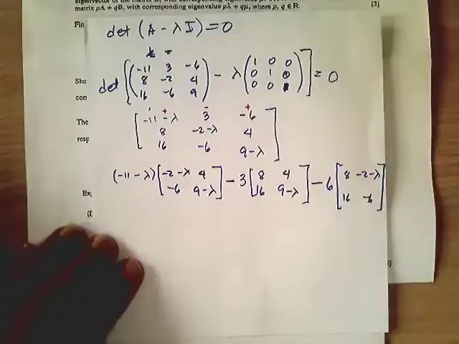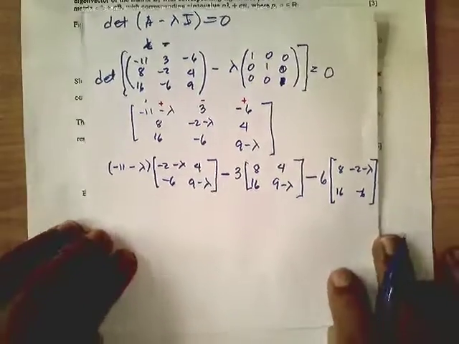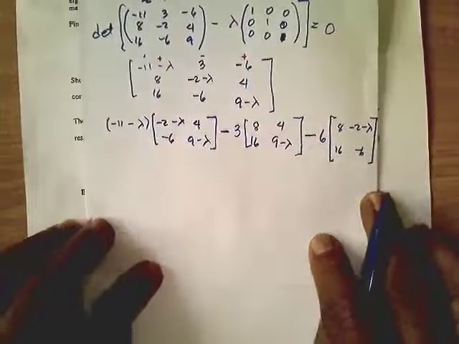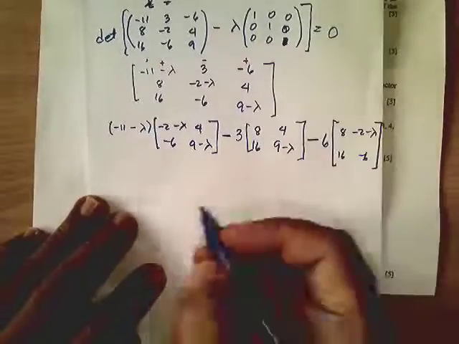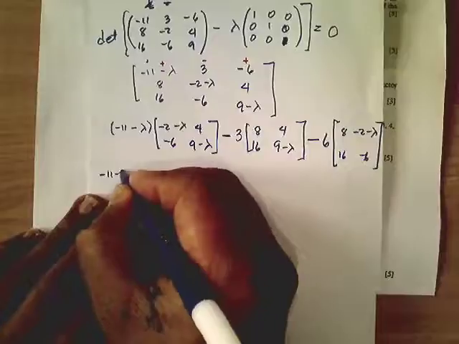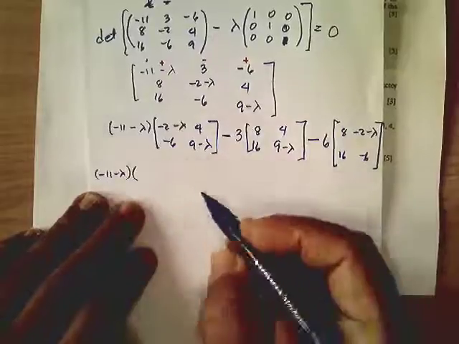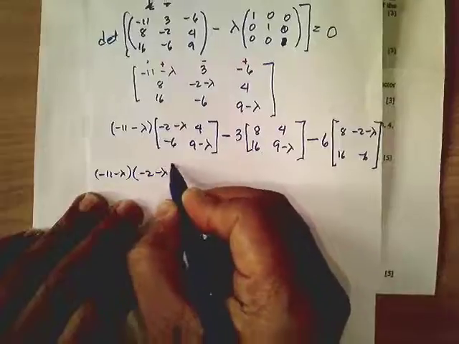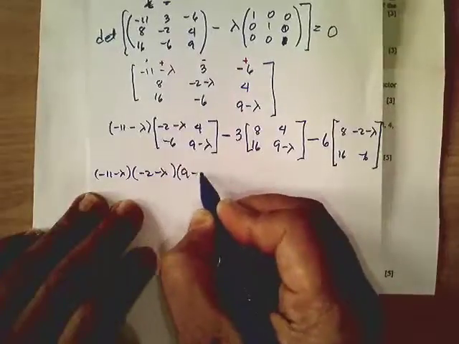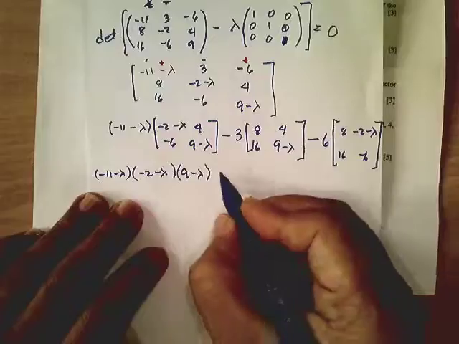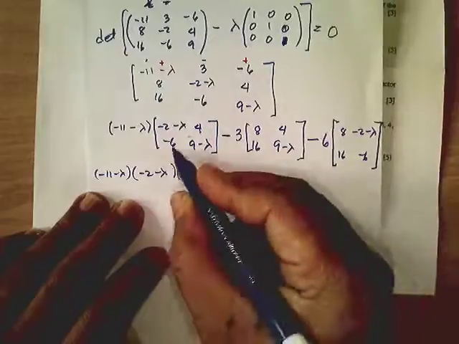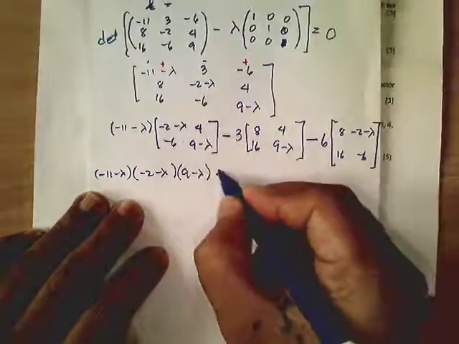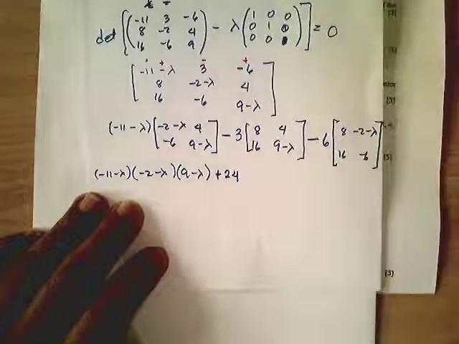Okay, so far so good. So this is going to be negative 11 minus lambda times, this one is what? Negative 2 minus lambda times 9 minus lambda minus, okay, this is negative 24, so therefore it becomes plus 24.